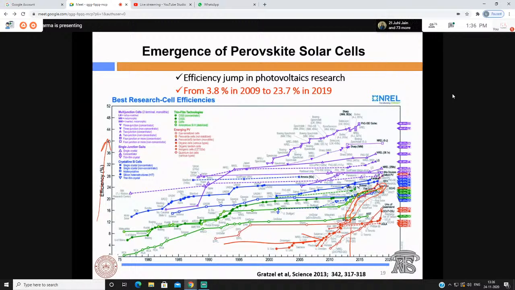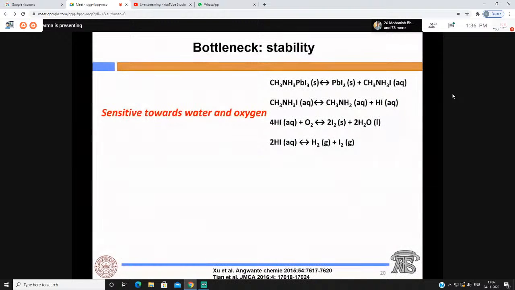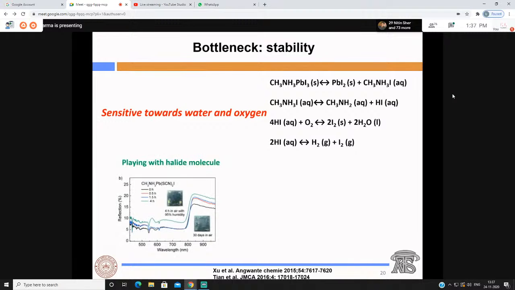And now, till 2019, we have approximately 23% efficiency of the solar cell. Okay, so this is the potential of this solar cell for photovoltaic application. And not only for photovoltaic, if we extend this research in the dimension of photoelectrochemical water splitting, it has immense potential. Okay, so I will skip these slides.